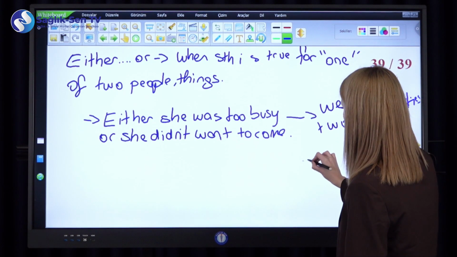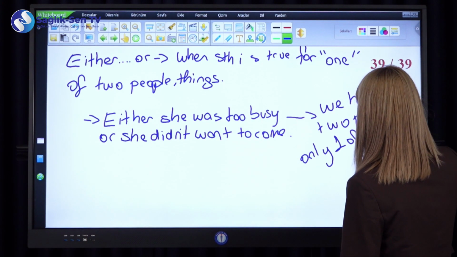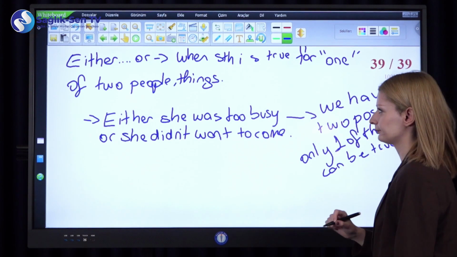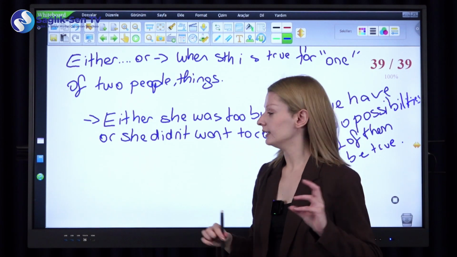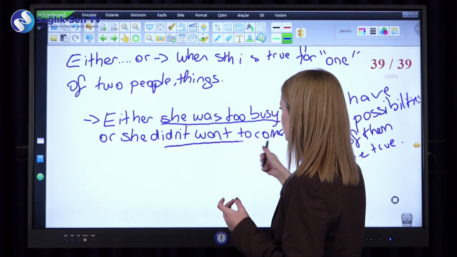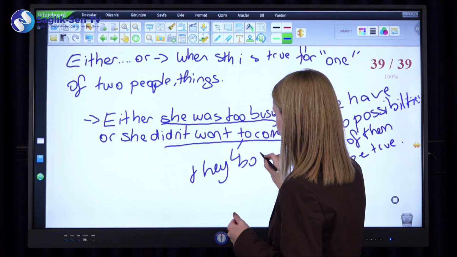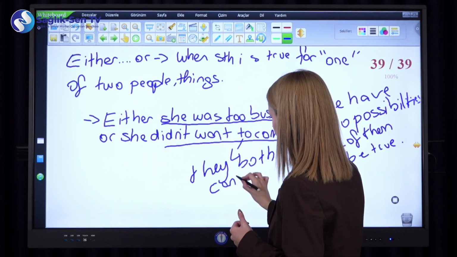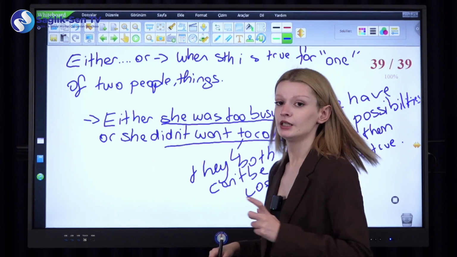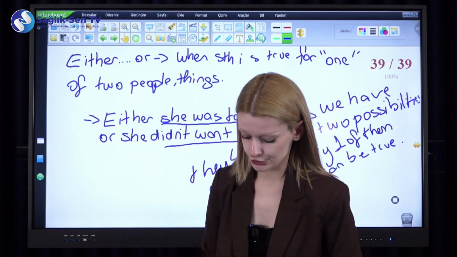And only one of them can be true. Either she was too busy or she didn't want to come. They both can't be correct. It should be one of them that is correct, that is true.